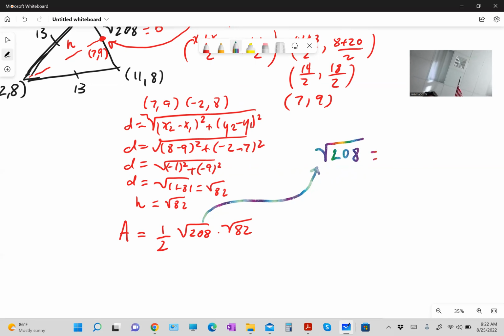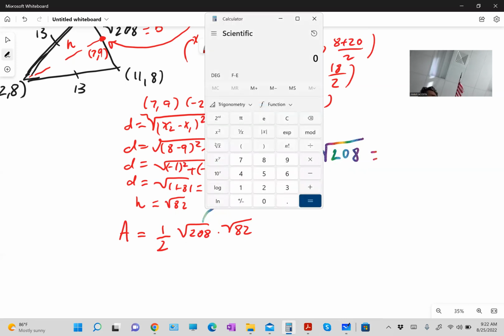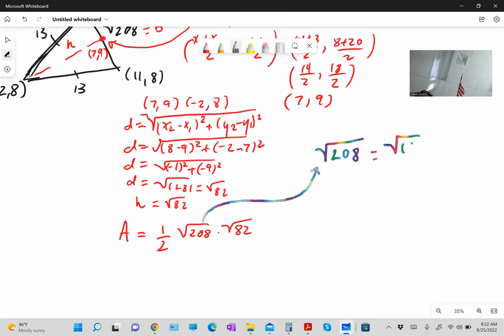You could divide it by 2, but let me try dividing it by 16. 208 divided by 16, oh my gosh, it's 13. So if I take the square root of 16 and multiply by the square root of 13, I would get the square root of 208. But I know that the square root of 16 is 4, so the square root of 208 really is 4 times the square root of 13.